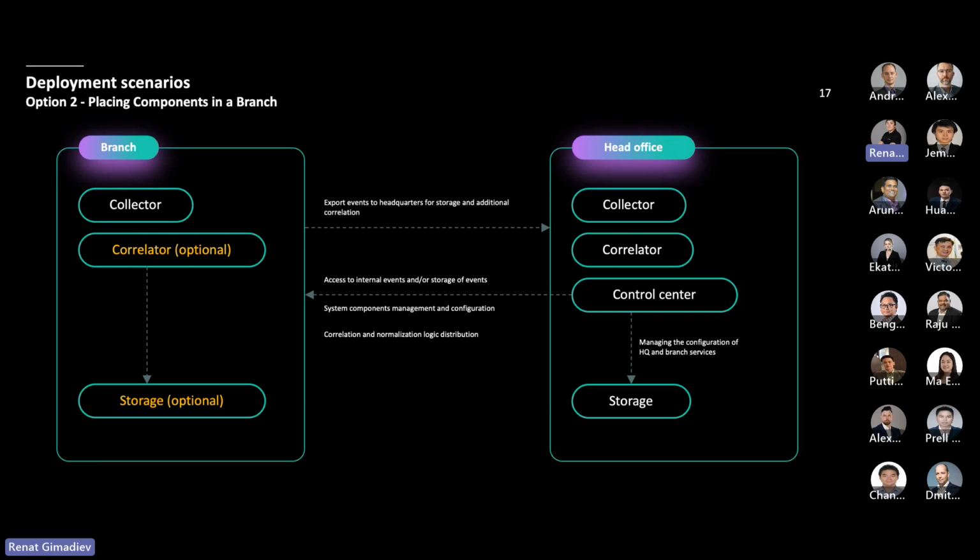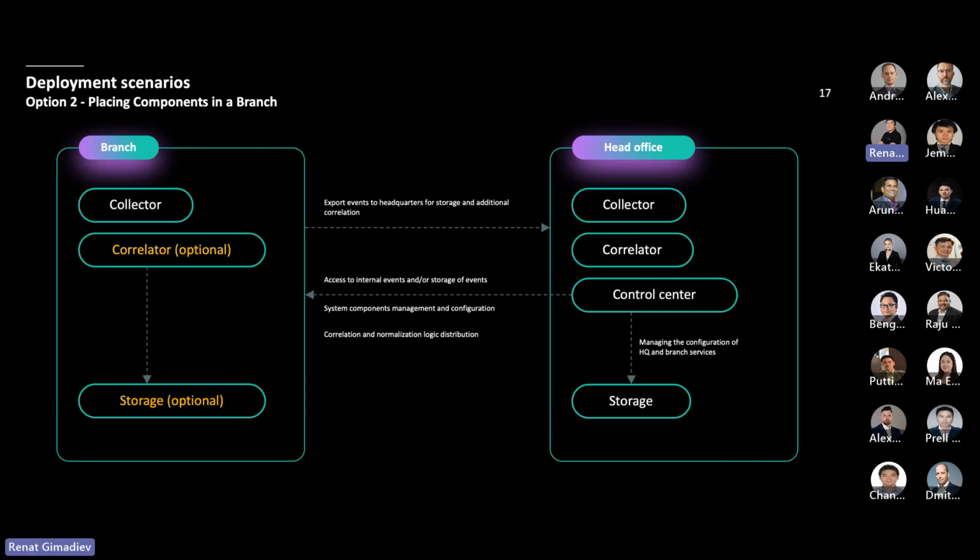Maybe 500 correlators, or maybe even more. I've never seen more than 500 correlators, really, but that's a lot of data. So that's why we can use this scenario for HQ and small branch scenarios.